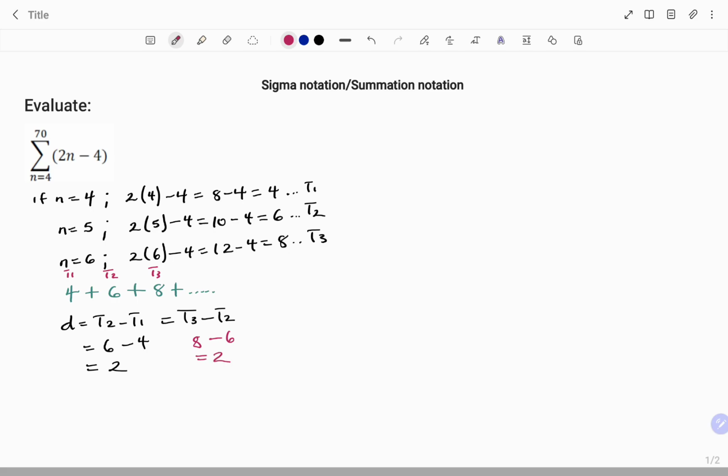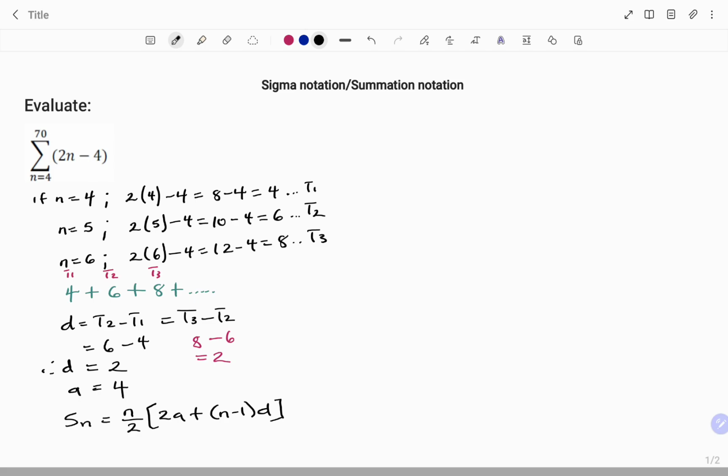So yes, our common difference is 2. Also, the first term, a, equals T1, which is 4. So using the formula Sn, the sum of an arithmetic series, equals n over 2, bracket, 2 times the first term plus n minus 1 d, that's the common difference.